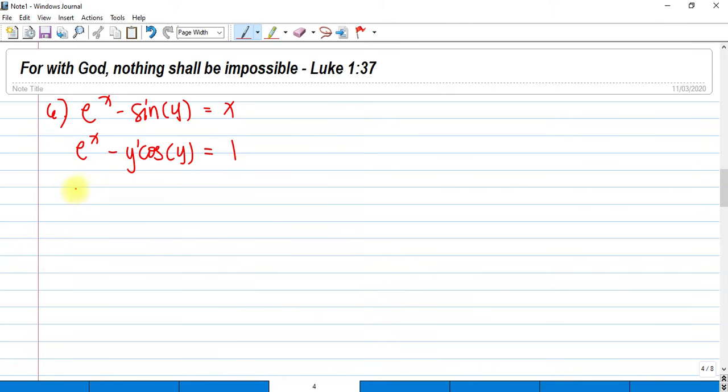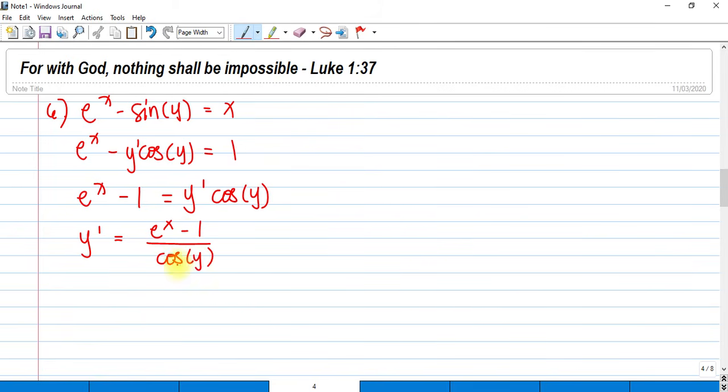If we manipulate this equation, we have e raised to x, transpose this on the left side, we have e raised to x minus 1. And again, at the right side, we have y prime cosine of y. Isolating y prime, we get e raised to x minus 1 over cosine of y.